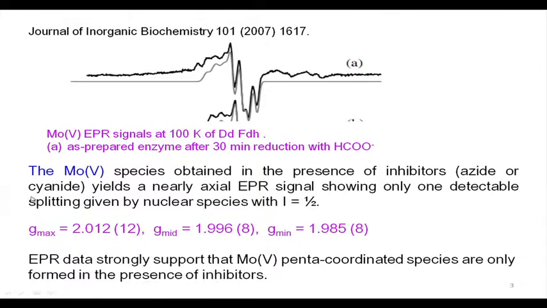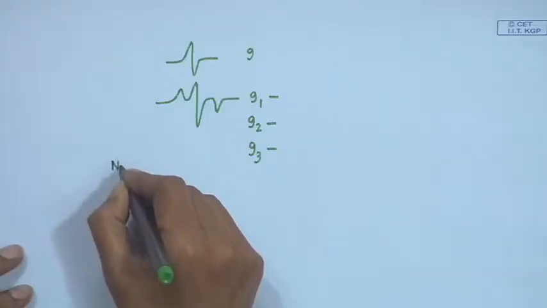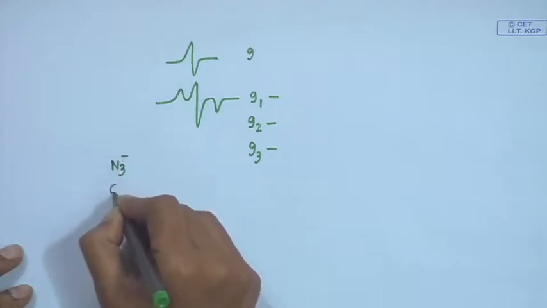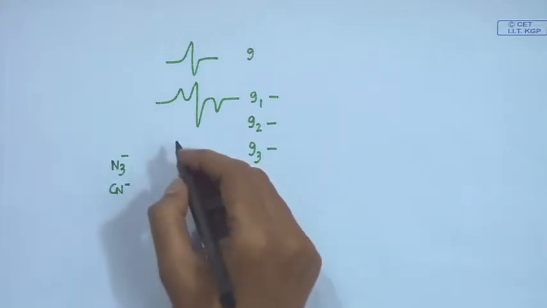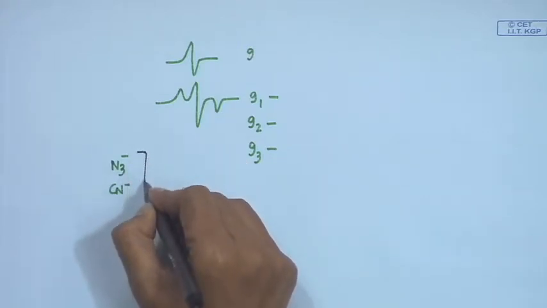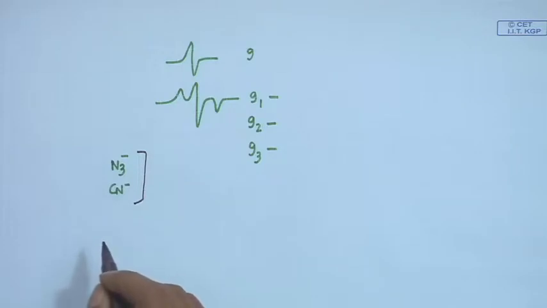These inhibitors, that means the azide and cyanide, are basically attaching to the molybdenum center. If we consider that N3 minus and CN minus are inhibitors, inhibitors for what? Inhibitors for the corresponding reaction, the catalytic reaction what we are looking for.